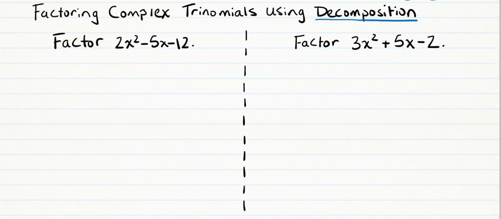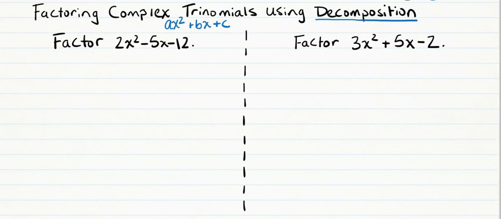And we have a trinomial in the form ax squared plus bx plus c, again, where the coefficient of x squared, so a, is a number other than 1. So the method of decomposition goes as follows.